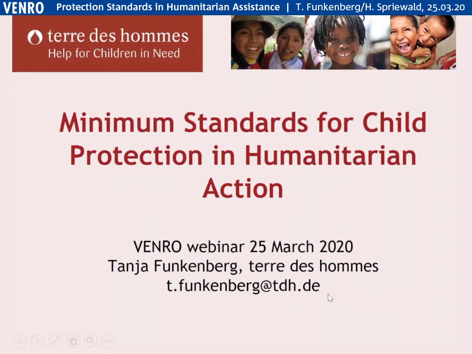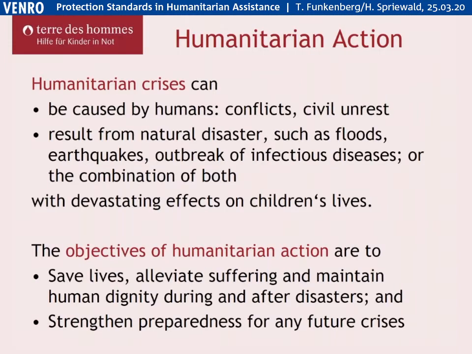Thank you very much, Caroline, and welcome everybody to this webinar. My topic today is the minimum standards for child protection in humanitarian action, and I will basically present the publication of the Alliance. But let me start with some introductory slides. What is a humanitarian crisis?